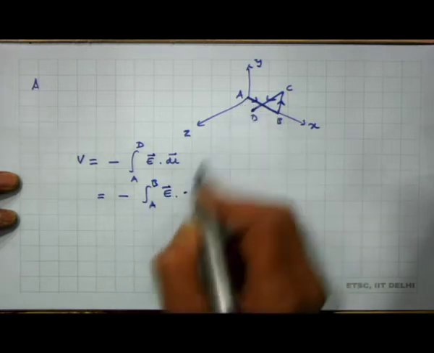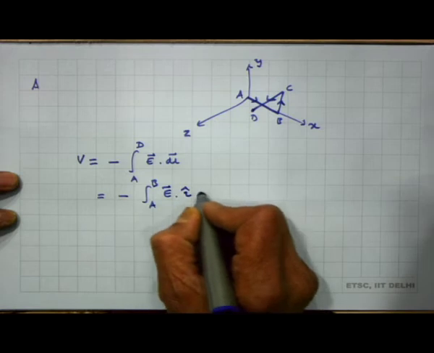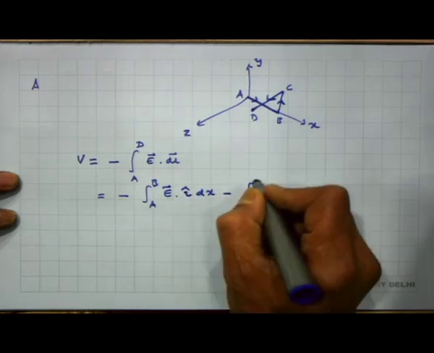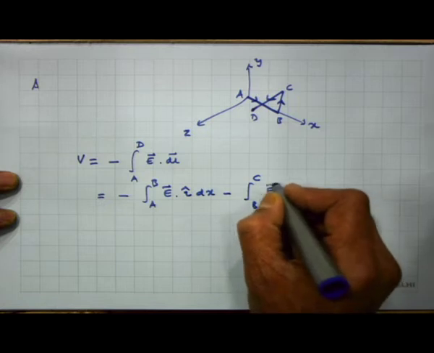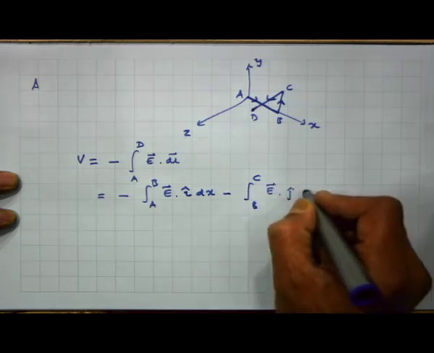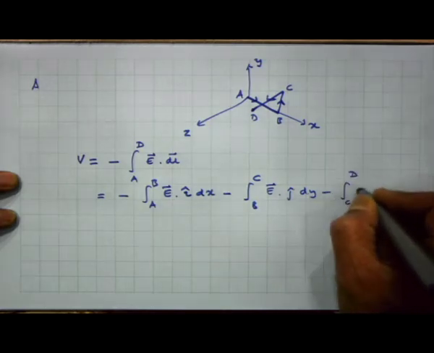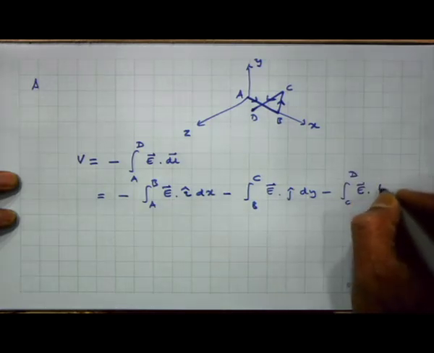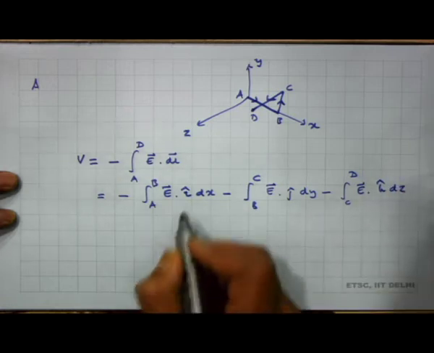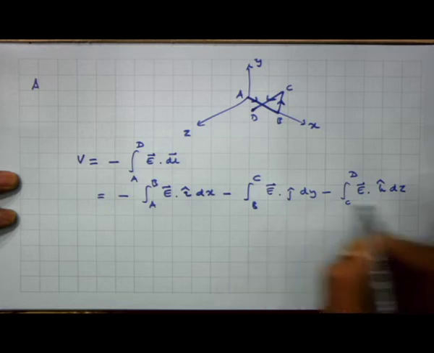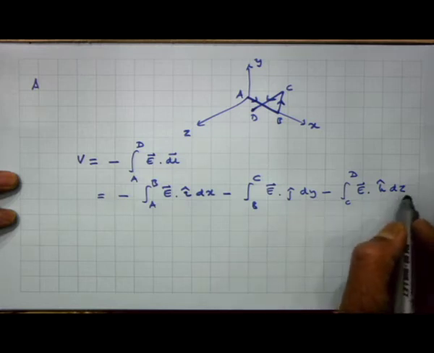Now, if I go from A to B, what is dl? i cap dx, minus integral B to C E dot j cap dy, plus minus C to D E dot k cap dz. This is dl for path AB, this is dl for path BC, and that is dl for path CD.